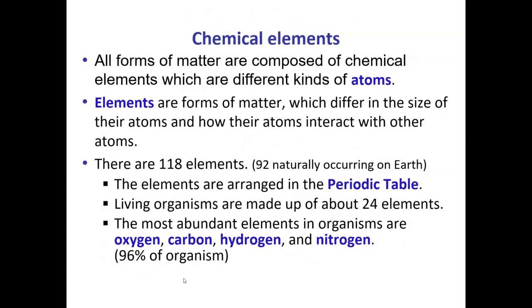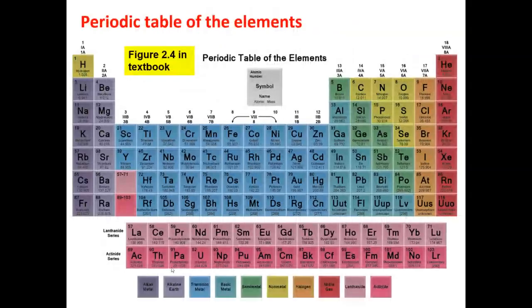This is the periodic table of the elements. There's a poster of it here. Most chemistry and biology labs have one of them on the wall somewhere. So this is just a big chart that lists all of the 100-something elements. And they are listed from the smallest atoms, going across each row.